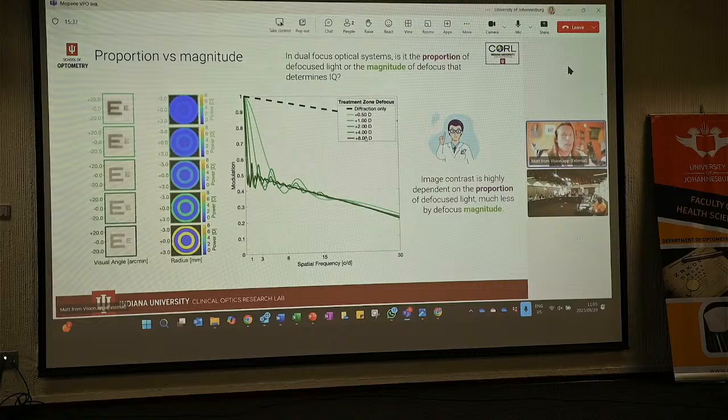And notice that on average, the proportion is governing how much the contrast drops in one lens, and the magnitude of the focus that we include only controls the descent.